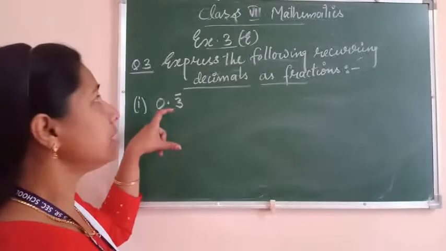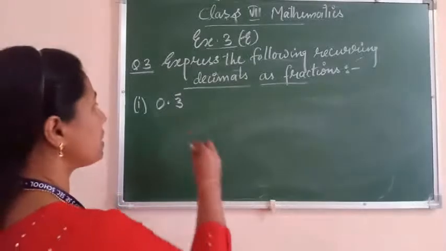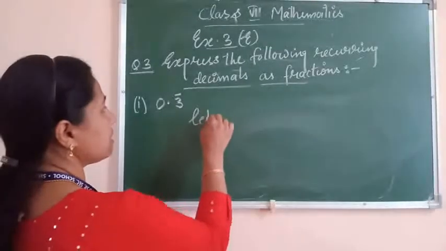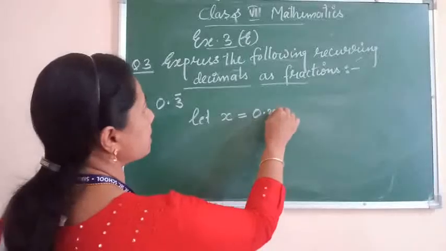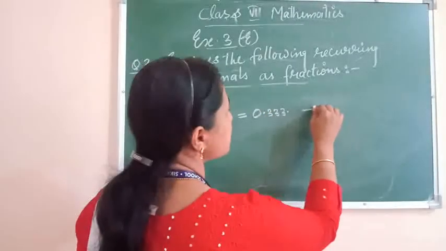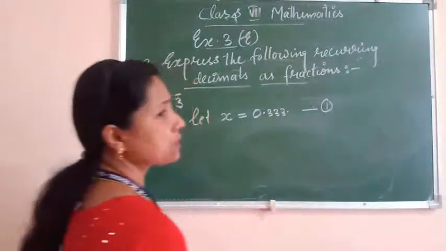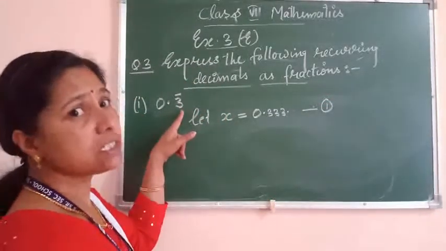So for converting this recurring decimal into fraction, you have to make an equation. First you can take, let x is equal to 0.33, this is your equation number 1. And in this given number only one digit is repeating, only 3.